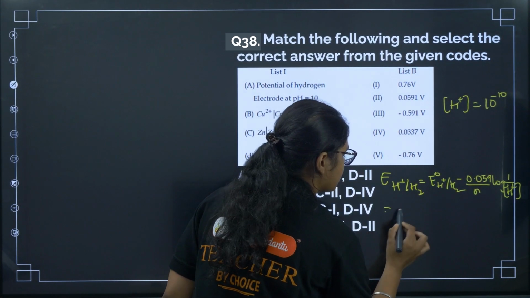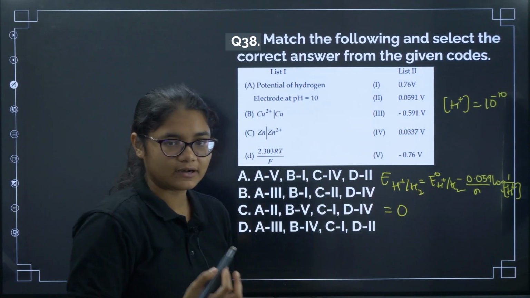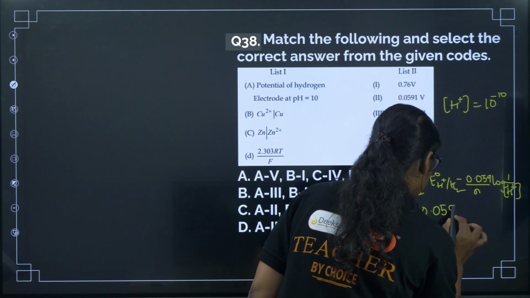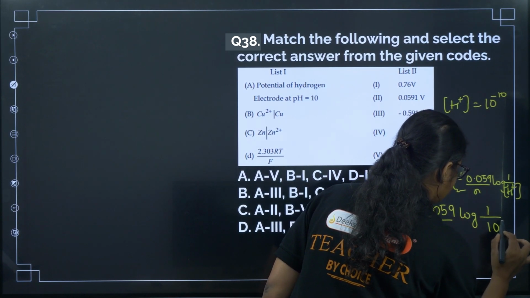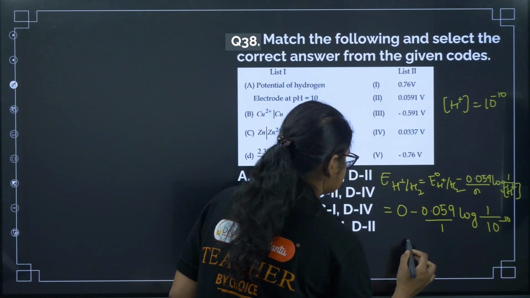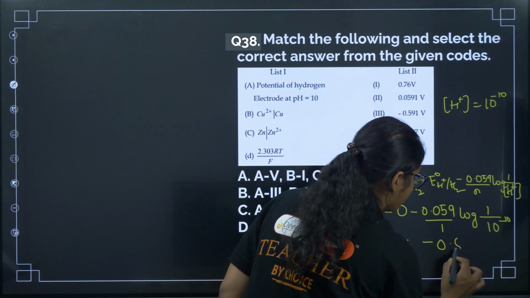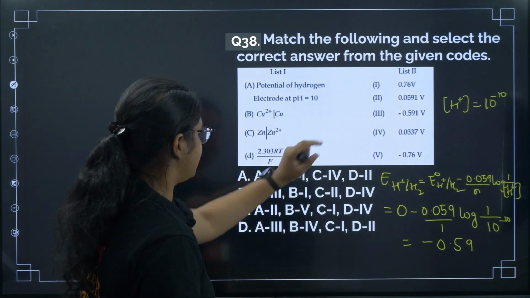Now if I substitute here, E naught of the hydrogen electrode is 0 because it is a standard hydrogen electrode, then minus 0.059 by 1 log of 1 by 10 to the power of minus 10. Now when this goes up, we will get minus 0.59, right? So the correct answer here for option number A is 3.